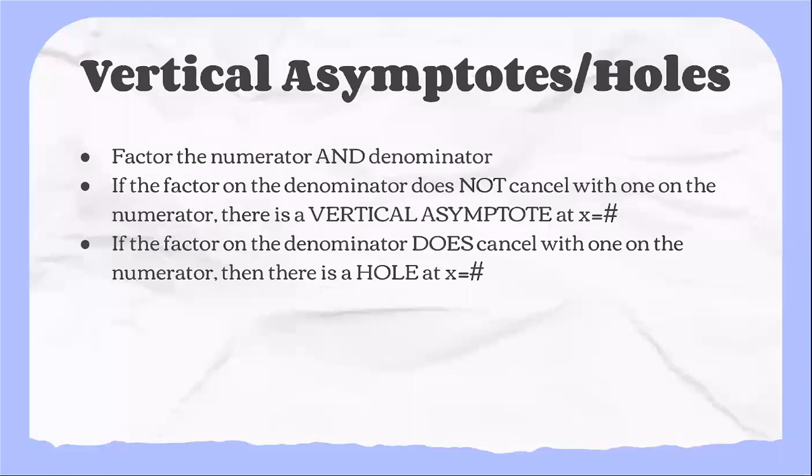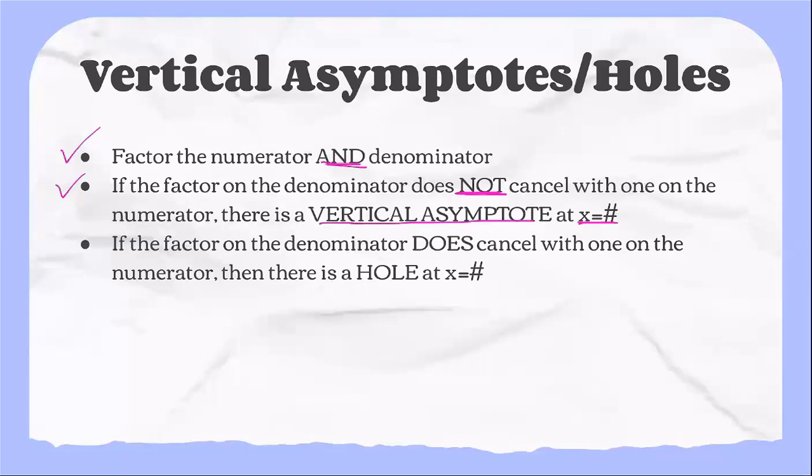All right, let's look at vertical asymptotes and holes. How do you find out if you have vertical asymptotes and holes? Here are some steps. First, we're going to factor the numerator and the denominator. If a factor on the denominator does not cancel with one on the numerator, there is a vertical asymptote at x equals that number.